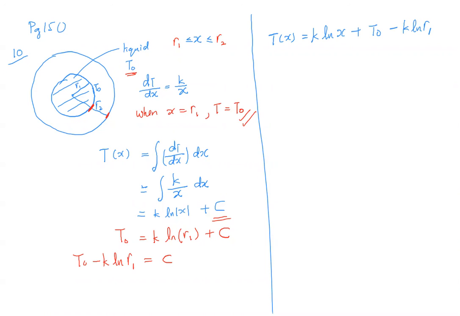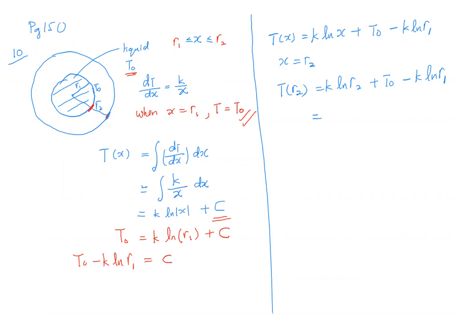Okay, so now I want to find the temperature at this position. So my x is equal to R2. So T(R2) will be equal to K ln R2 plus T0 minus K ln R1.